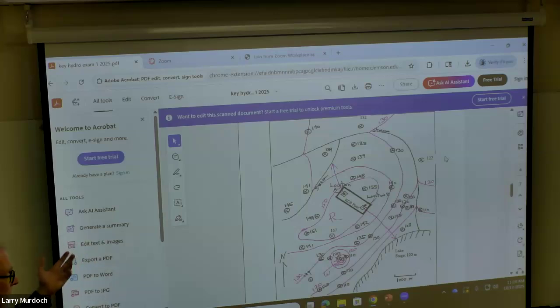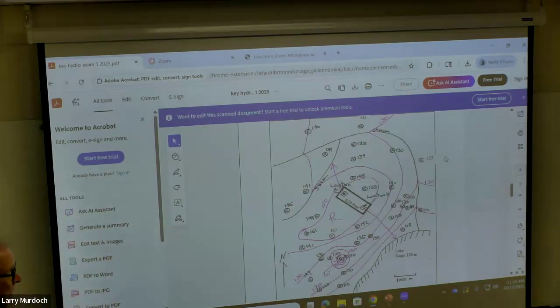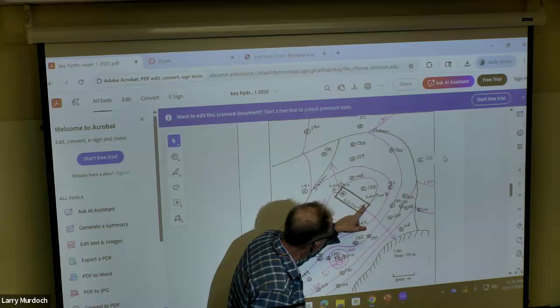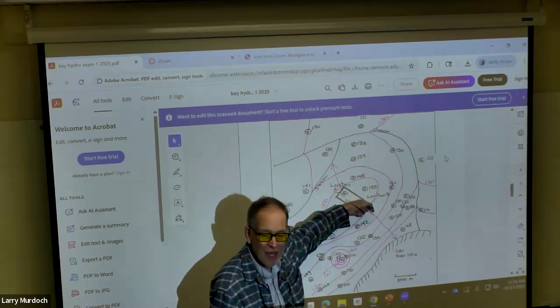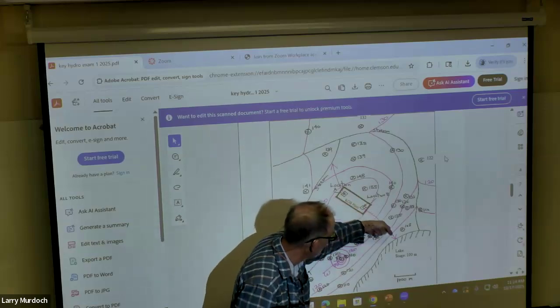I've tried to mention it several times, but still that urge prevailed. Remember, the flow lines need to be perpendicular to the equipotentials. And if that's the case, there would be an equipotential coming through here, and there's only going to be one line perpendicular to that. So you can only have one line coming out here.